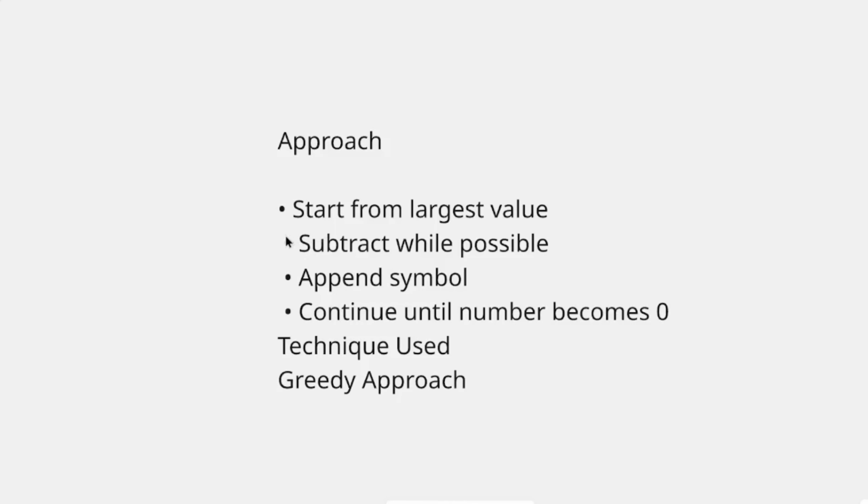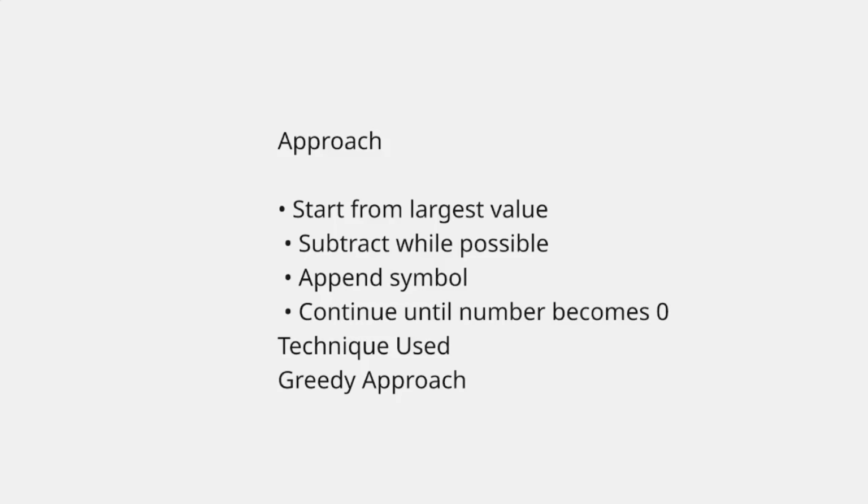After that, start from the largest value. Then subtract while possible: while the number is bigger than or equal to the value, append the symbol and subtract the value. We continue until the number becomes 0. That's it, no complicated logic, just repeated subtraction.